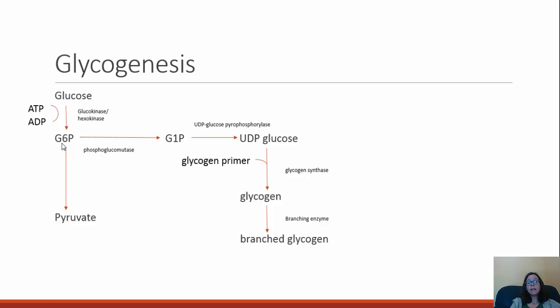However, if we're in the liver, the G6P can be converted to G1P, then to UDP glucose. The UDP glucose is added onto the glycogen primer in order to grow the linear glycogen molecule. And then through the utilization of the branching enzyme, branches are added onto the glycogen molecule and it grows.